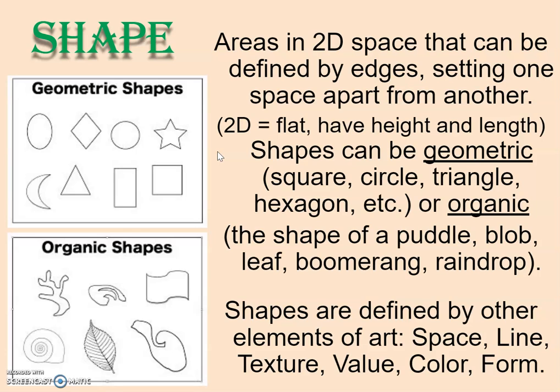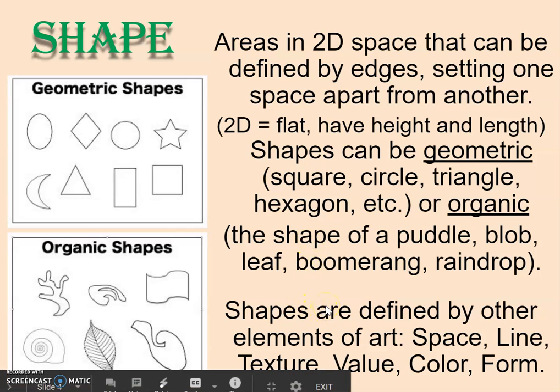Shape can be geometric, which are things like squares, circles, triangles, hexagons, stars. It can also be organic, which is found in nature and found to be shapes like puddles or blobs, leaves, raindrops, shells, coral. Very free-flowing in form.